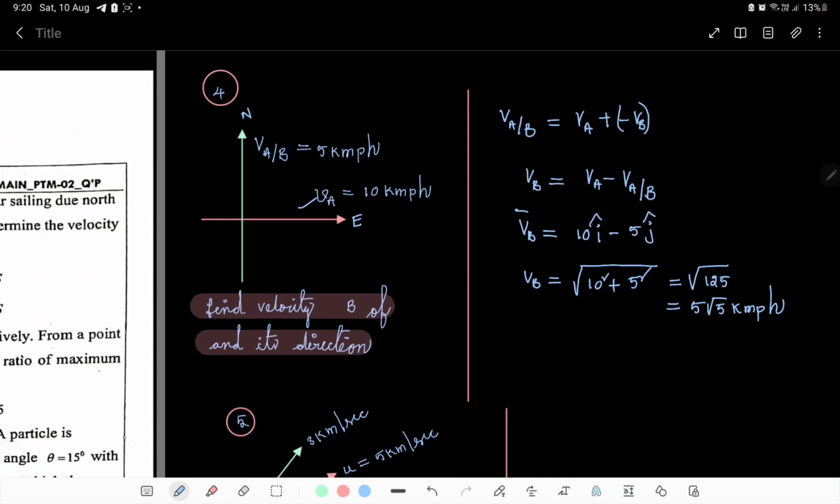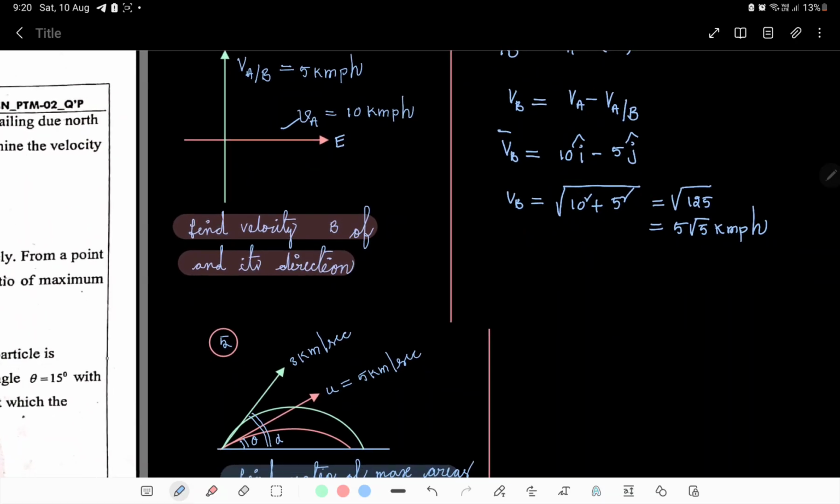But we have to calculate the direction, right? Therefore for direction we will use these two.